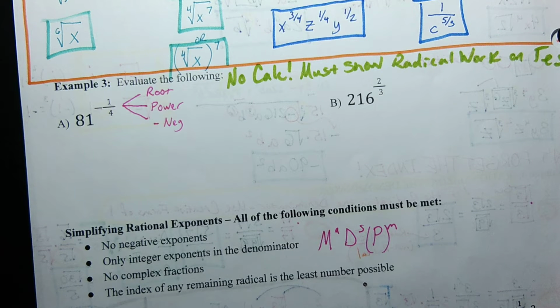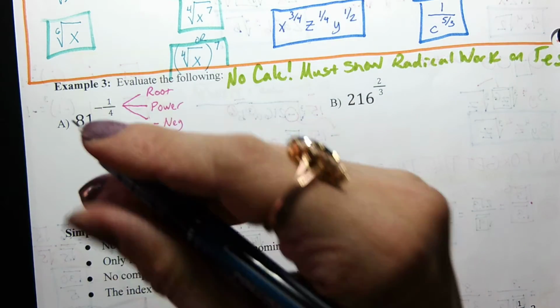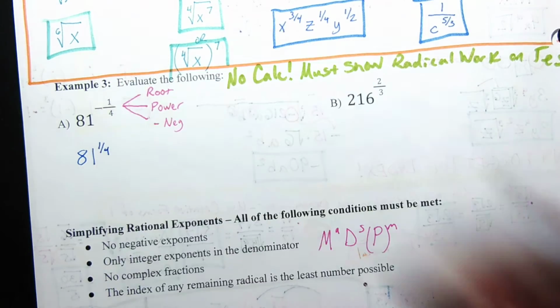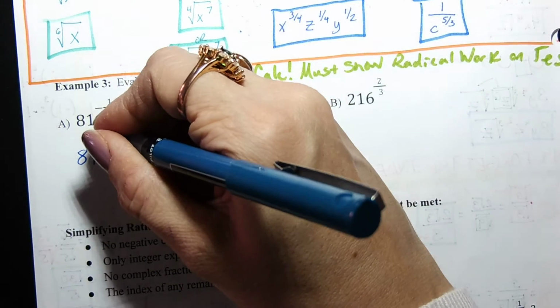So my root power here would be the 1/4. So I'm going to split this to be 81 to the 1/4 power. That is the root power.